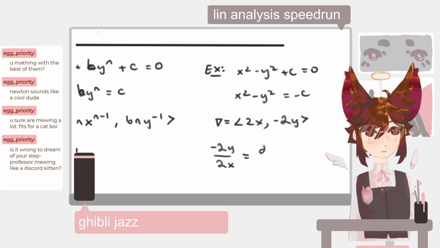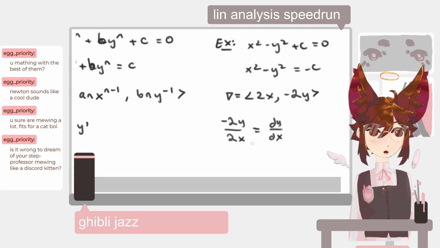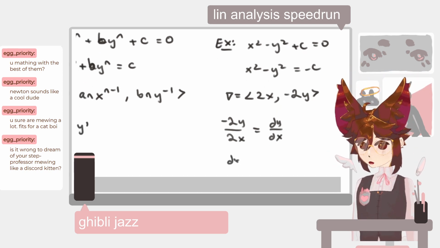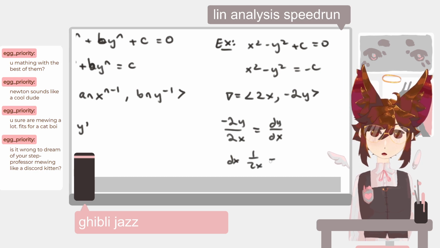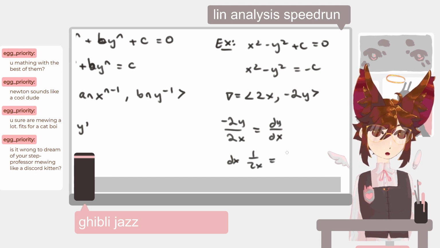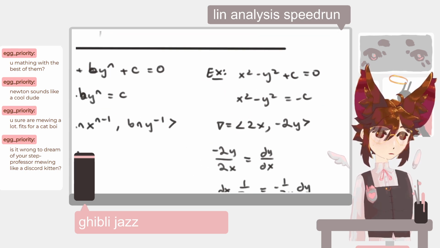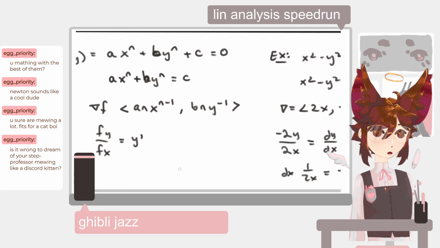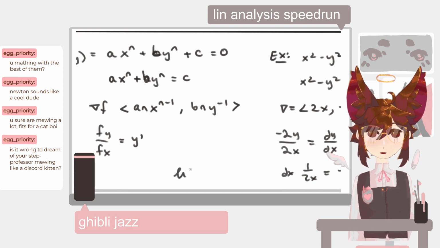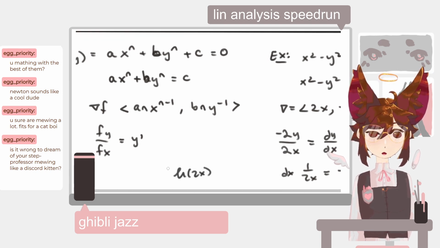And now, let's write it like this. Now it's separable, right? So we'll do dx 1 over 2x equals negative 1 over 2y dy. And I've run out of space. So we're going to integrate these. That'll be ln of 2x, 1/2 ln of x.